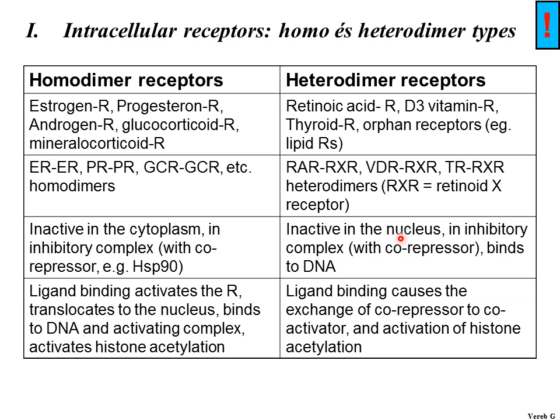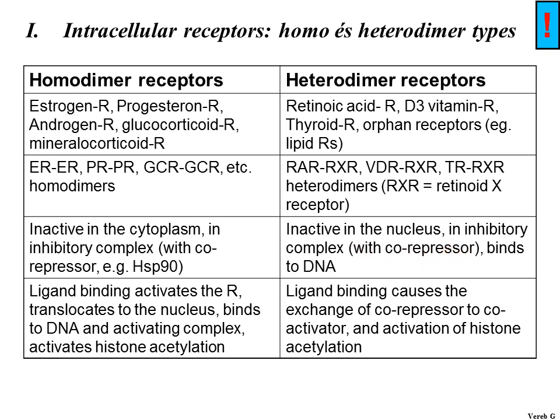So they form heterodimers in various equilibria with monomers, and the heterodimers can bind to the DNA, but without the ligand they bind a so-called co-repressor, which helps maintain inactivity.